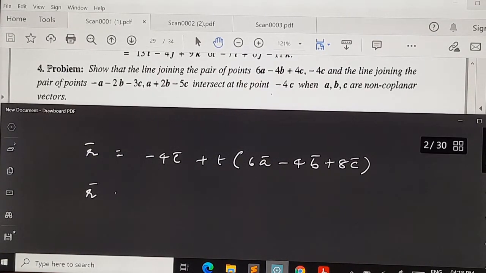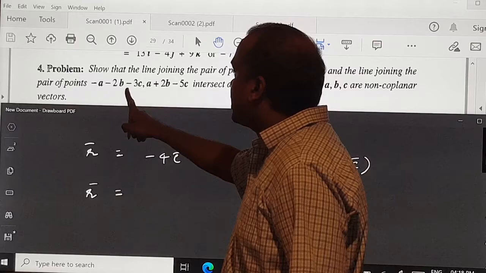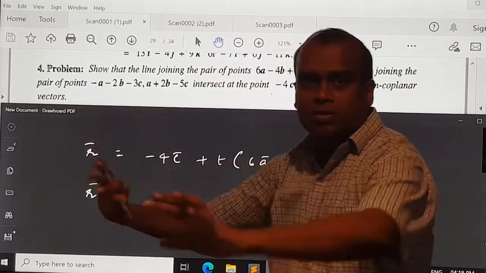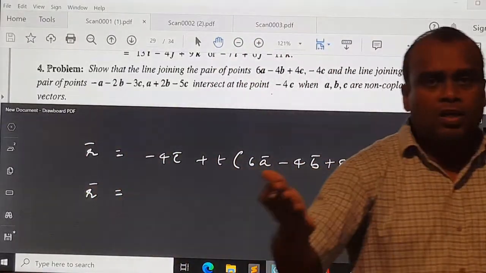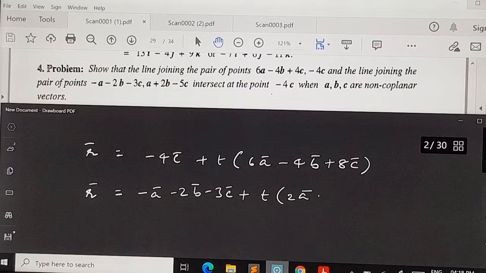Similarly, I am going for the equation of the second line. So I take this as the point, and for the vector I take this minus this. You can do anything. The vector will lie along the same line. So the point I am taking is minus a bar minus 2b bar minus 3c bar, plus t into a vector, which will be 2a bar plus 4b bar minus 2c bar.